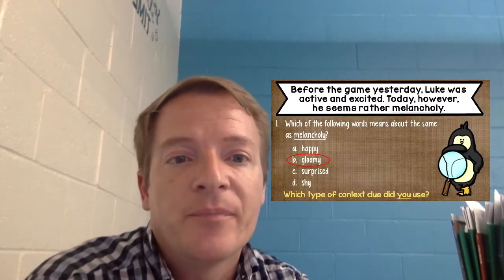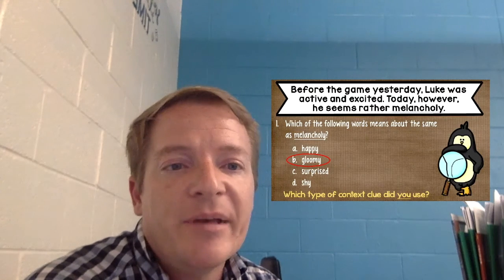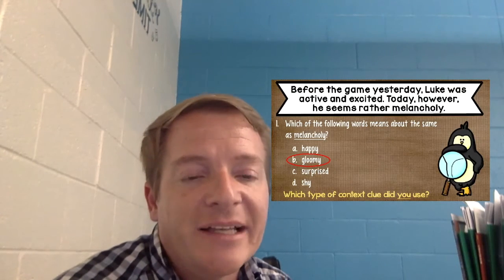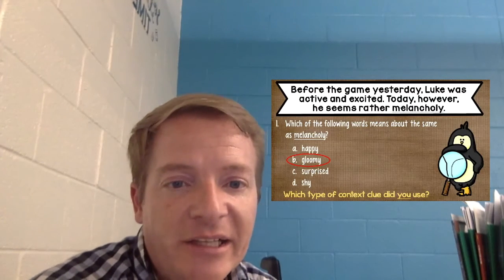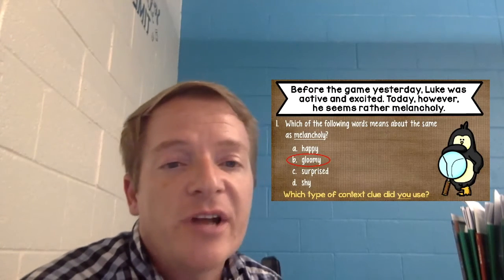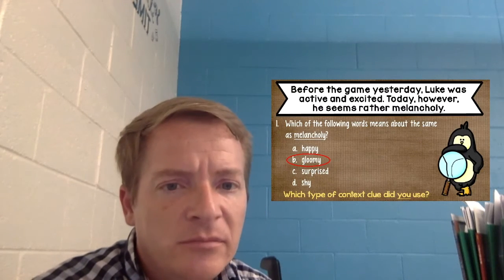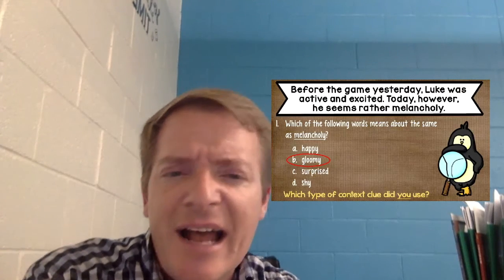Okay, now, let's look at some of these. It says, before the game yesterday, Luke was active and excited. Today, however, he seems rather melancholy. So which of the following words means about the same as melancholy? So before the game yesterday, he was active and excited. Now he's the opposite. He's kind of down. So the answer should be gloomy. And that's okay because they kind of gave us the answer here.